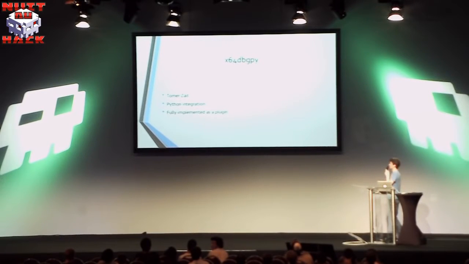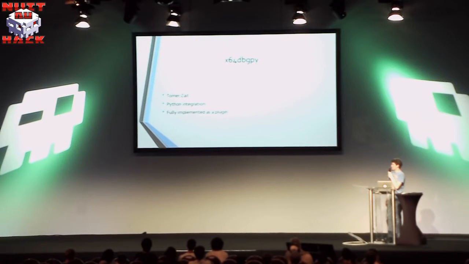Now, there's also x64dbg Pi, which is sort of a pun, but not really. It's a plugin, so I have basically nothing to do with it, except that I have commit rights to the repository, but I'm not really involved. I don't use Python, so yeah. It's written by Tomer Zaid. I hope I pronounced it correctly, I don't know.